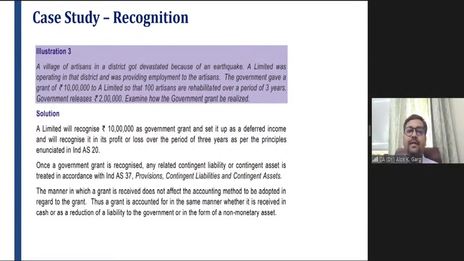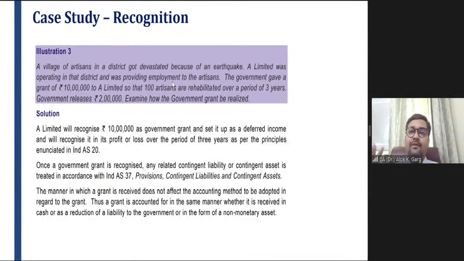So there was a village, and due to the earthquake, the village was completely destroyed. And the government has given a grant so that 100 artisans can again start their life, can be rehabilitated over a period of 3 years. Government releases 2 lakh rupees. Examine how the grant can be realized. So guys, first was a background that this earthquake came and the artisans got unemployed and this company is generating employment for the artisans, and the government gave a grant of rupees 10 lakh to A Limited so that the 100 people can be rehabilitated over a period of 3 years.